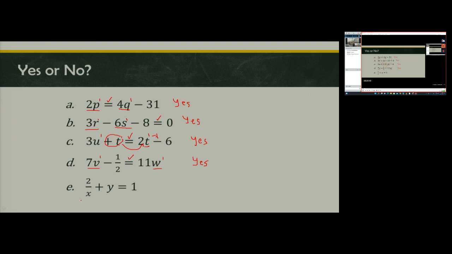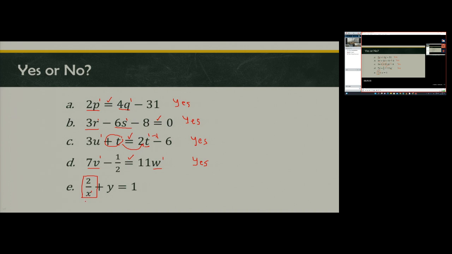How about letter E? Letter E, I taught you this last November. Now, we have here 2 over x. Is the power of the variable here power 1? This is power 1, right? But this is on the denominator.